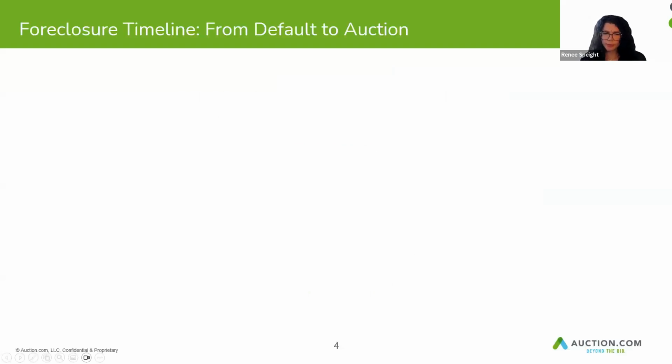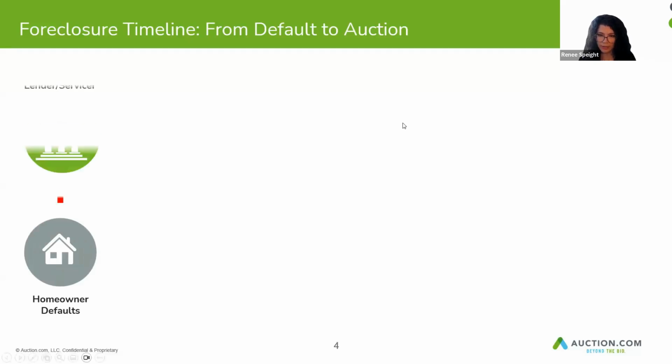Now let's walk through the typical timeline of a foreclosure process from default to auction, and then what happens afterward. The process begins when the homeowner is unable to meet their mortgage payments, leading to a default. Once a default occurs, the lender or mortgage servicer takes action. They may appoint a trustee to handle the foreclosure process.